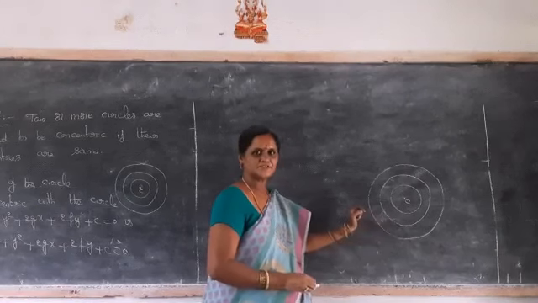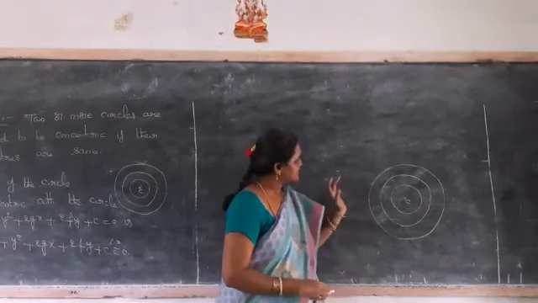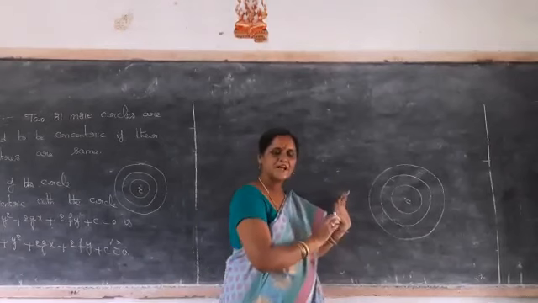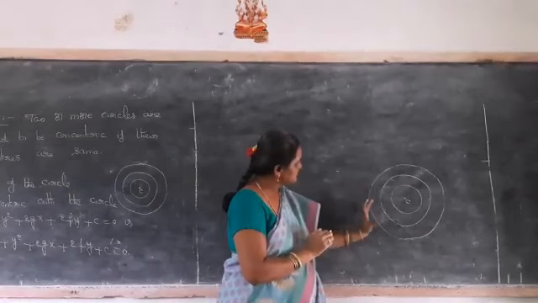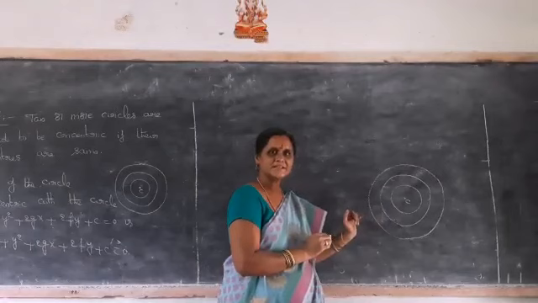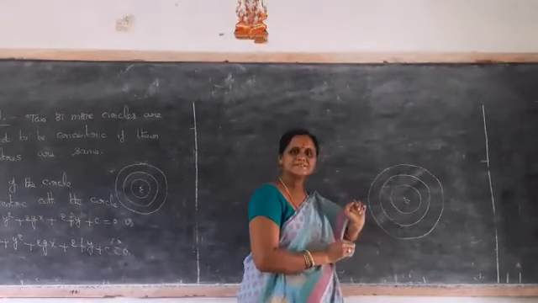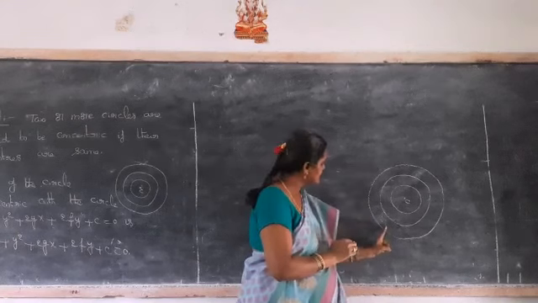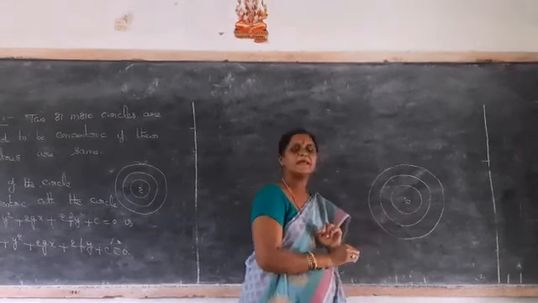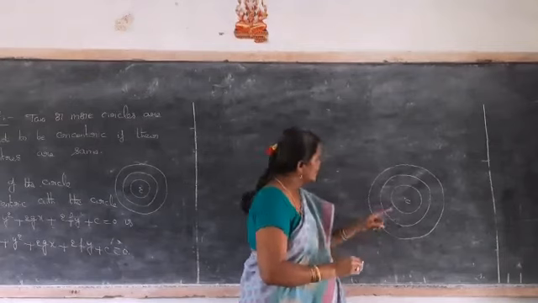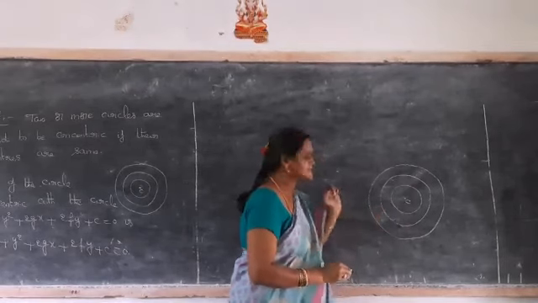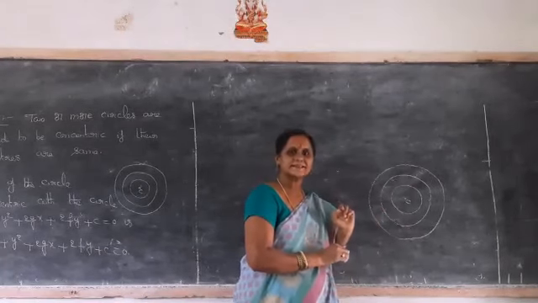You observe this picture. In this picture we have one speciality. All these three circles have the same center, capital C. So we say that these three circles are concentric circles.